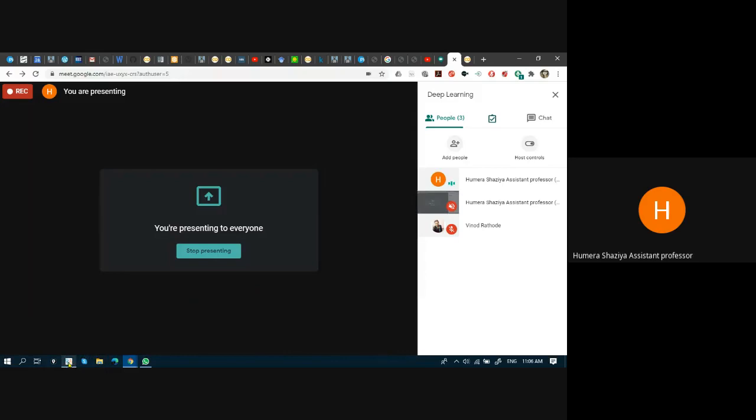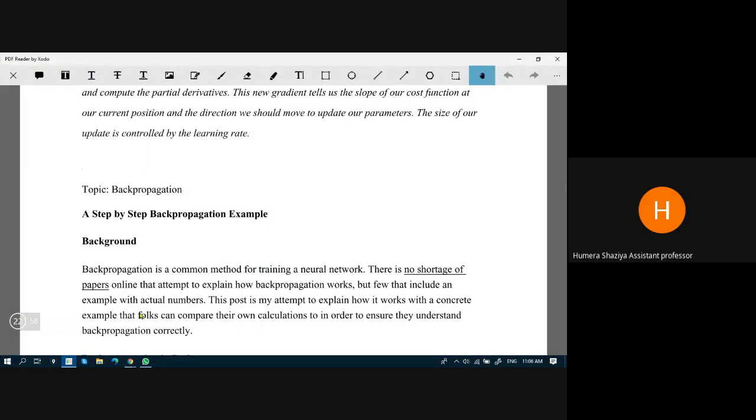Today's topic is backpropagation. Backpropagation is an algorithm which makes the learning possible in neural networks.